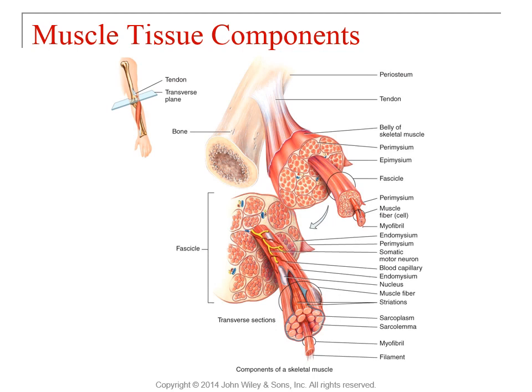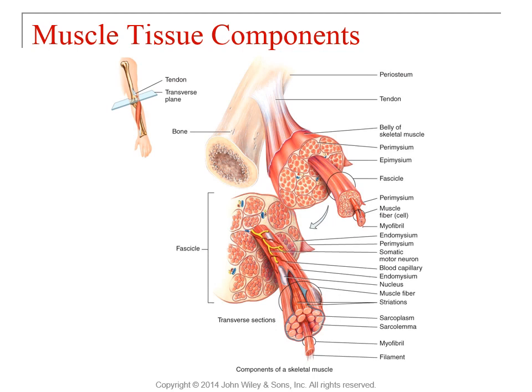So the 3 layers of protective coverings will be the epimysium, which covers the entire muscle, which is continuous with the tendon and the periosteum. You have perimysiums that will surround each individual fascicle. You have an endomysium that's going to surround the actual muscle fiber or the muscle cell. And then found within the muscle cell, you'll see the striations that will be comprised of the actin and myosin overlapping filaments.